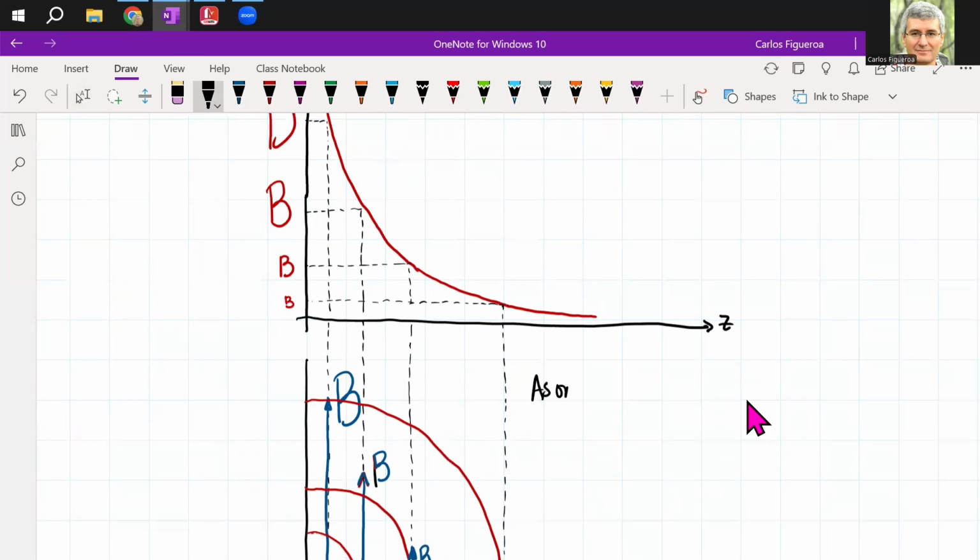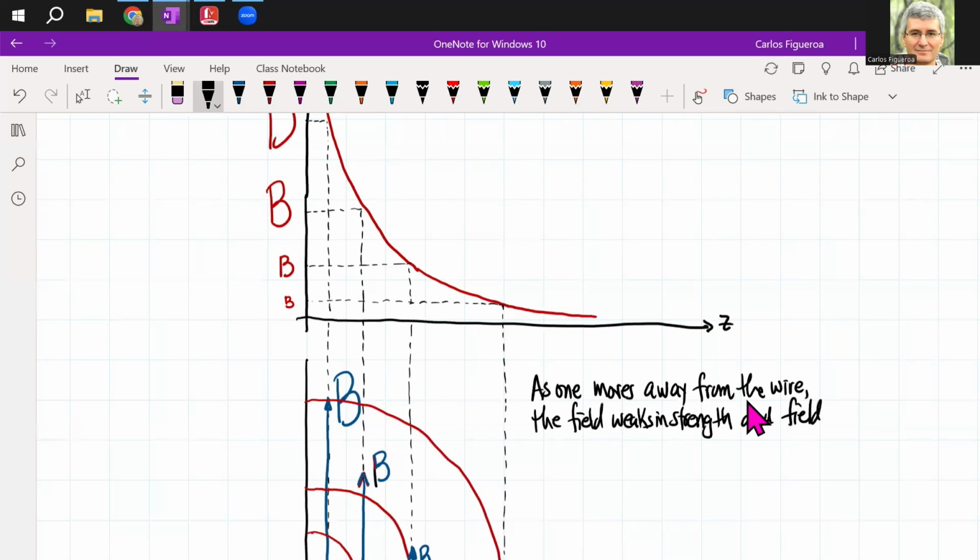So as one moves away from the wire, the field weakens in strength and field lines get farther away.